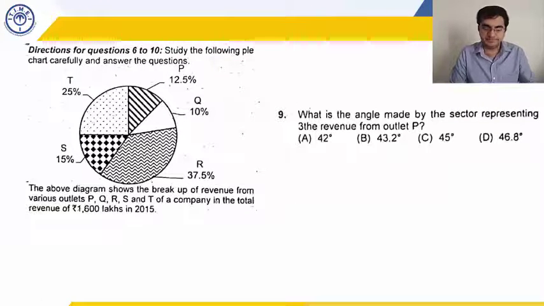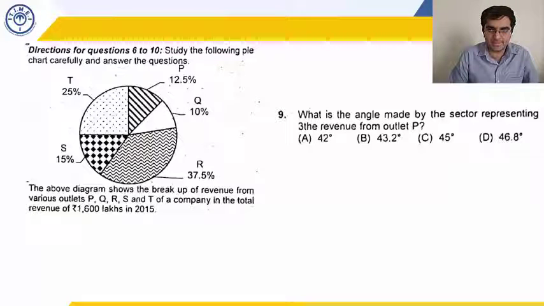Question number 9. This is a typo. You can cut out this 3 from the question. What is the angle made by the sector representing the revenue from outlet P?